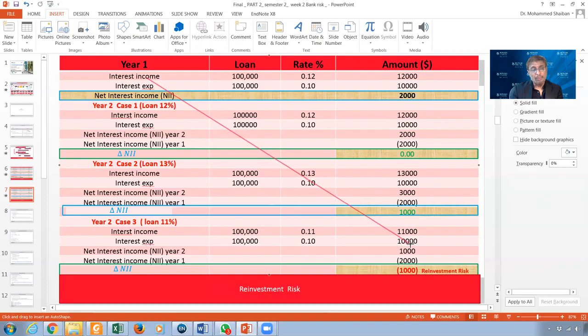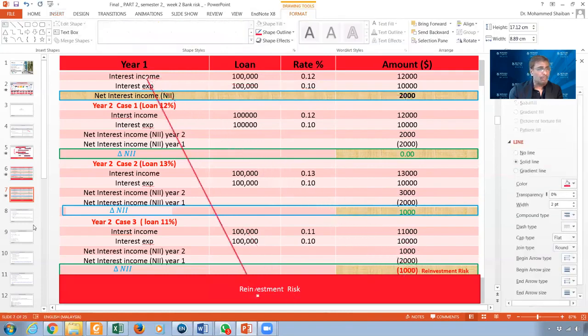I pay 10 million for the second year. So in this case, I am getting only 1 million. The difference, I used to have 2 million, so the difference is 1, and this is what we call reinvestment risk. Having said that, if we know it, this is usually a very important issue to know. It's very straightforward, but it's easy.